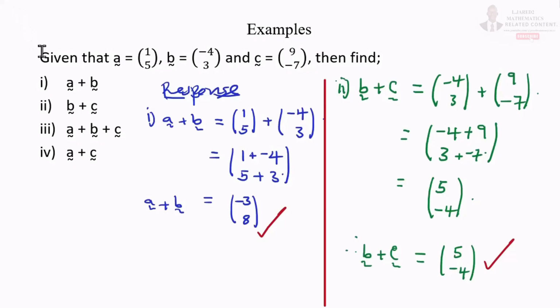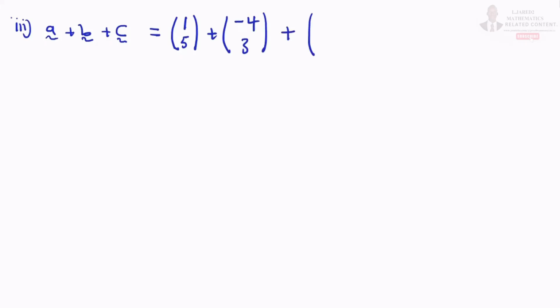You can now move on to Roman number 3, which is vector A plus vector B plus vector C. Remember our vector A is 1, 5 plus our vector B, which is negative 4, 3 plus our vector C, which is 9, negative 7.